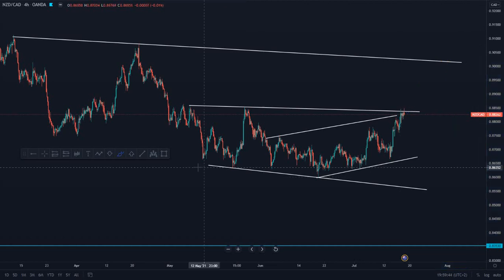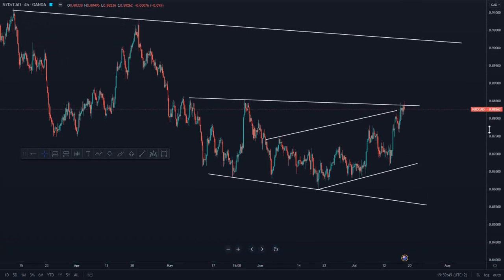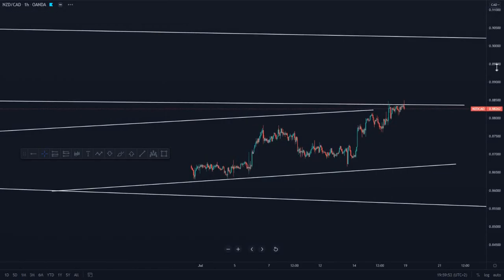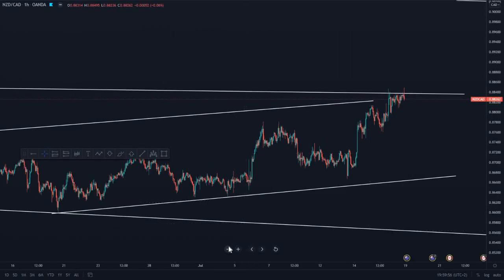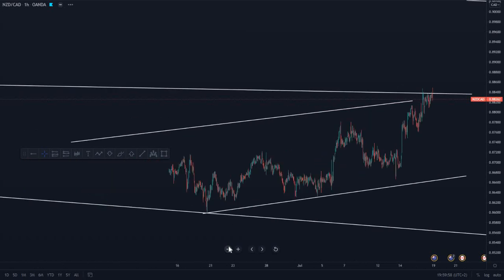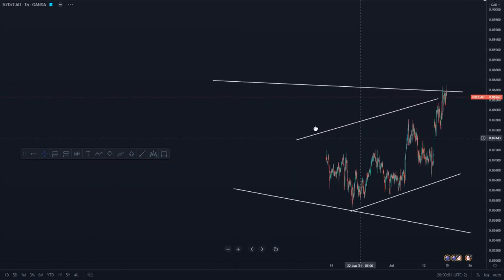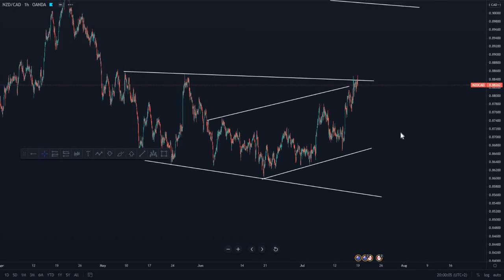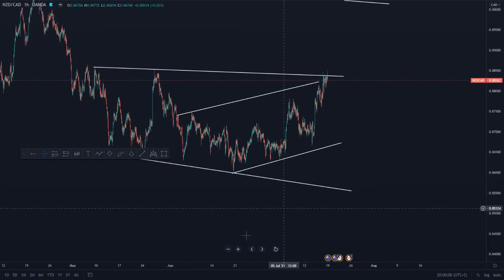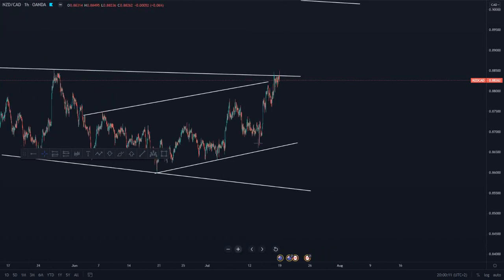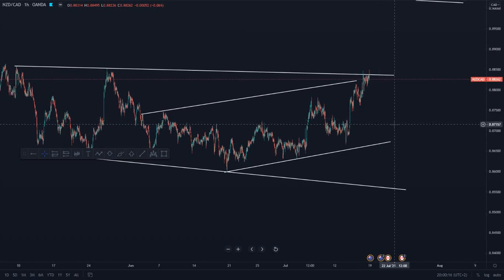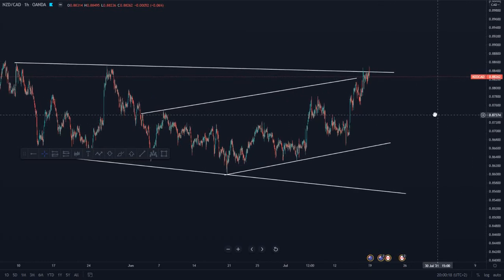Now here we are at this third touch that we were looking at. So let's go to the H1 and see if we are getting what we were looking forward to see on this pair. This is what we have on H1. First touch there, second touch there, third touch. Now I think it is a high probability setup, but when the market opens, the spread might be big, so you cannot take it.